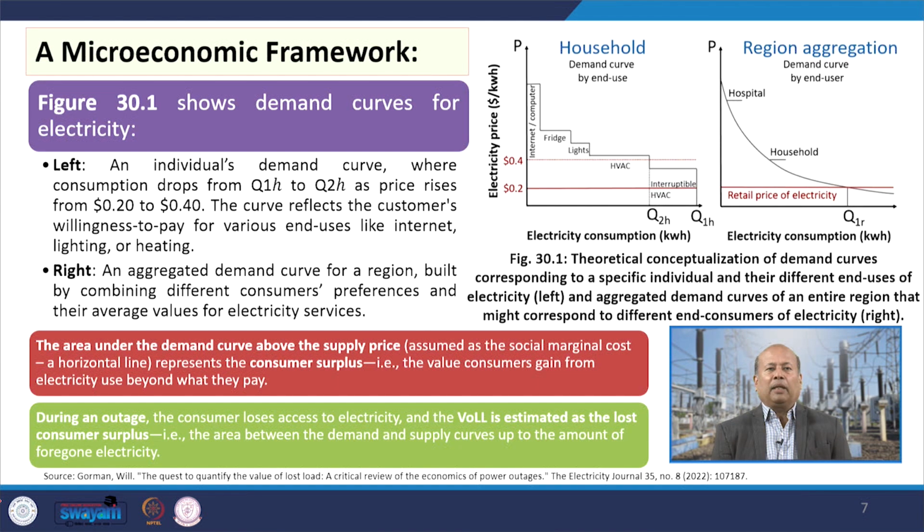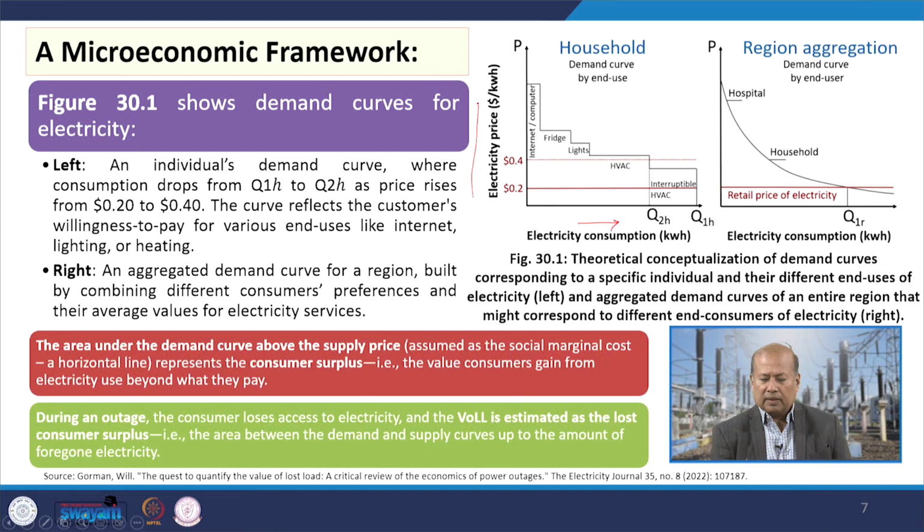Now moving to a microeconomic framework, Figure 30.1 shows the demand curve for electricity, as you can see how it has been explained. You can see electricity consumption and electricity price.